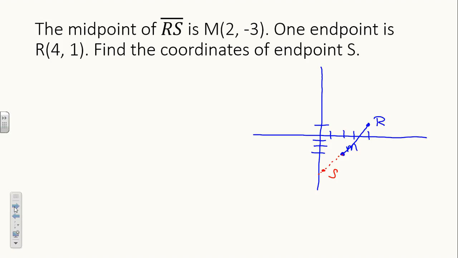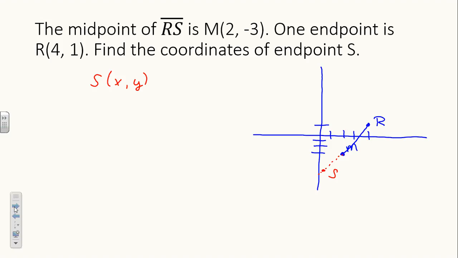So, let's let S be (x, y). We don't know what those points are, right? Okay? What do we have to do to find the midpoint? Multiply the midpoint's points by 2. Okay? We would want to work backwards and multiply the midpoints by 2. Does that make sense to everyone? To find the midpoint, we had to divide by 2.